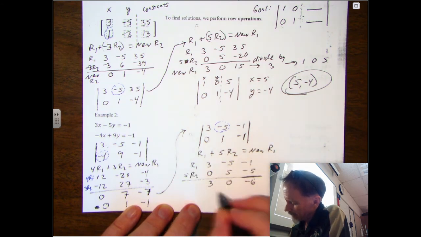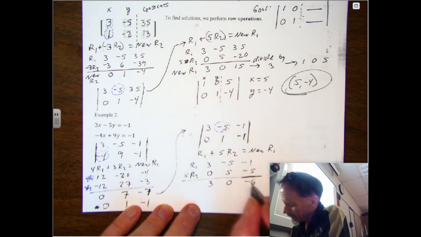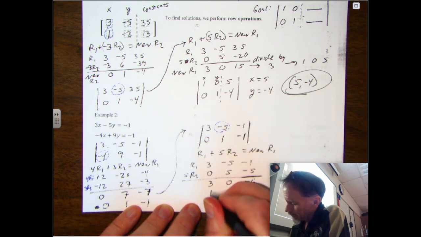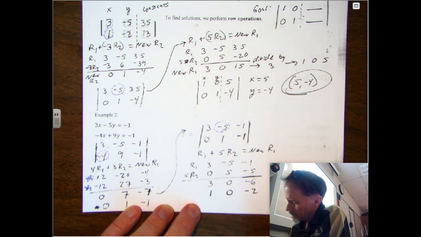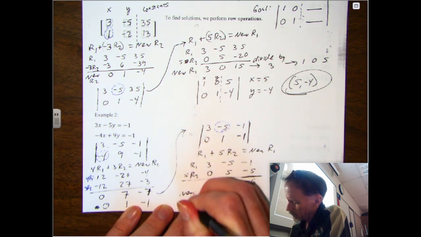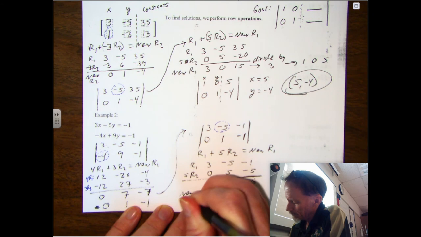And again, notice I can divide those by 3. And that's usually going to happen. I'm going to tell you right now. So you got 1, 0, and negative 2. And that's your new row 1.